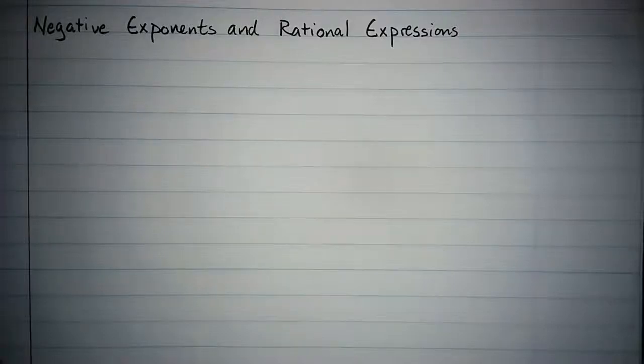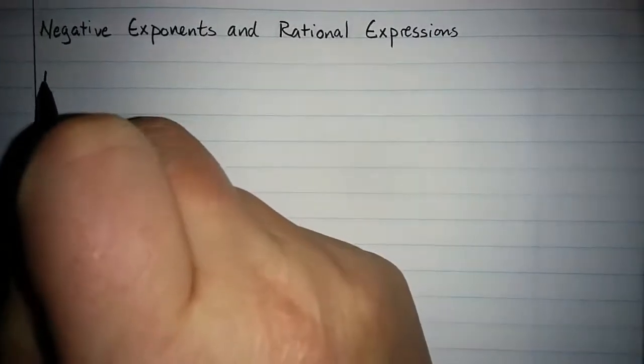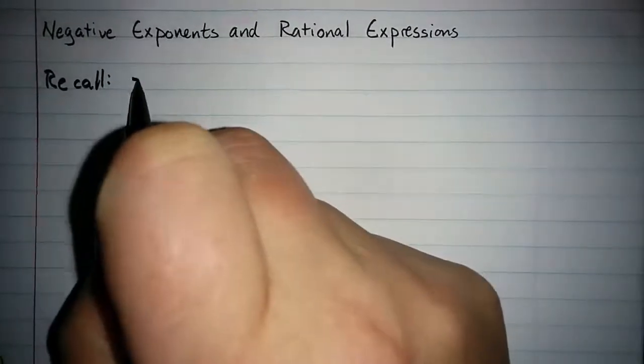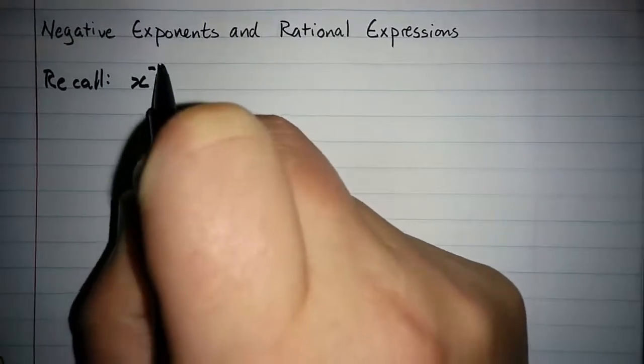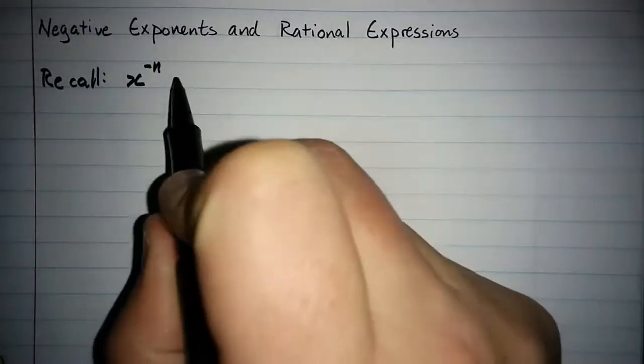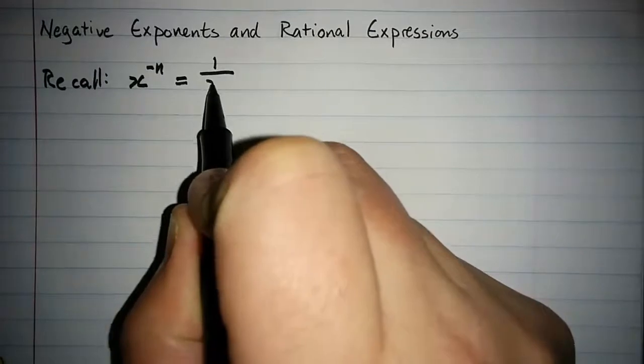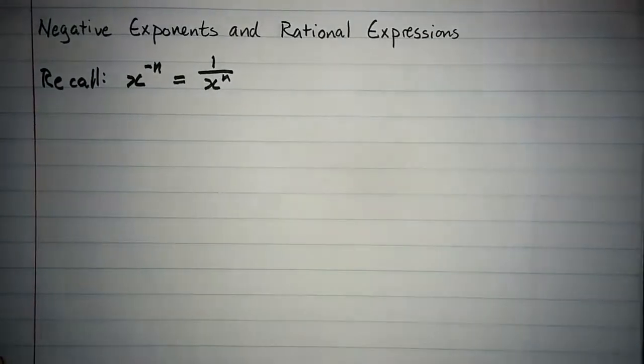We can rewrite expressions involving negative exponents as rational expressions. Recall, the definition of x to the negative nth power is just 1 over x to the nth power.